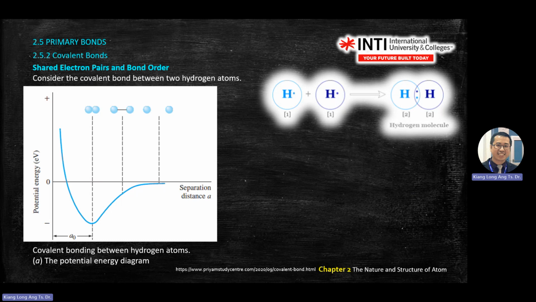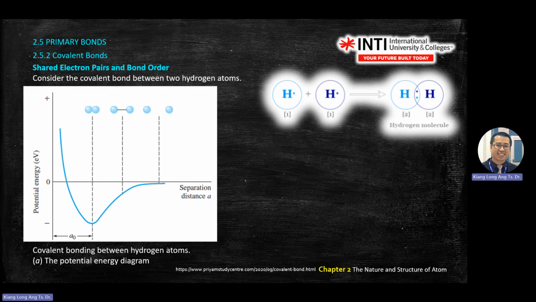So when two non-metal elements are formed, or you pull them away together, the potential energy will drop. The potential energy means the difference of energy will be very big when they are close, at the distance of A0.